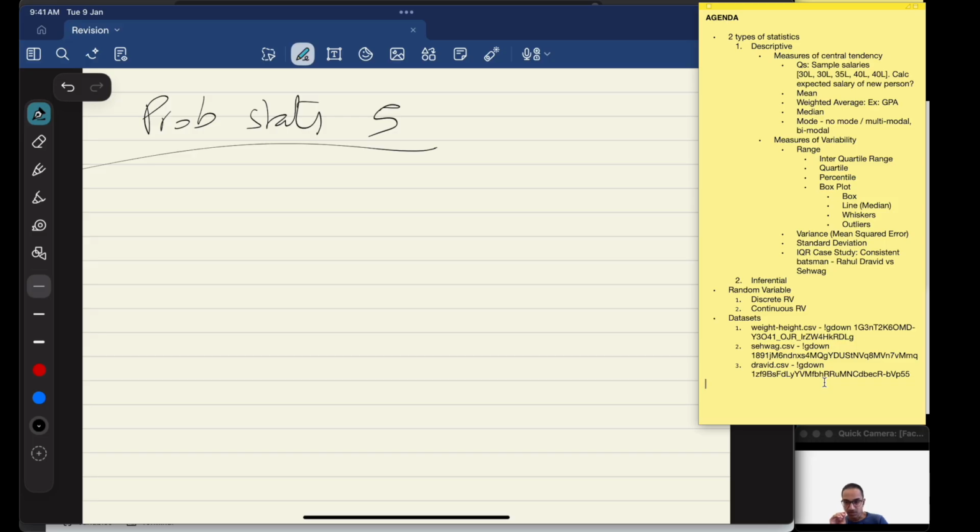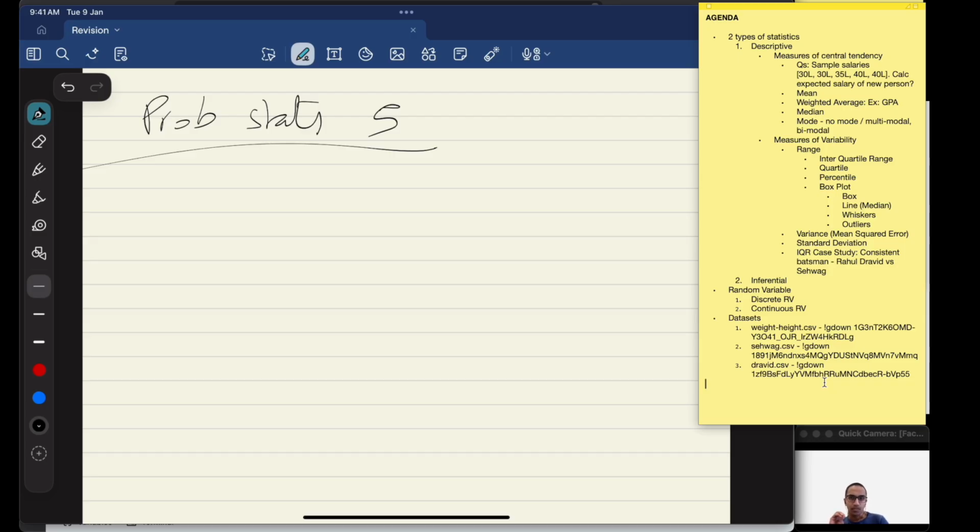In inferential statistics, what it will say is, if you are moving at maybe 60 kilometers per hour, you will reach your destination in 1 hour. You can make predictions, you can make conclusions about it. We won't be talking about inferential in detail in this class.